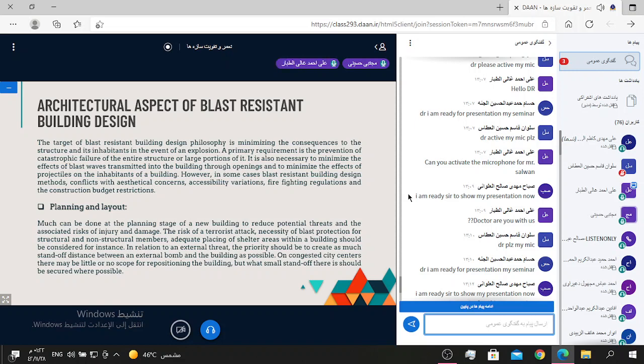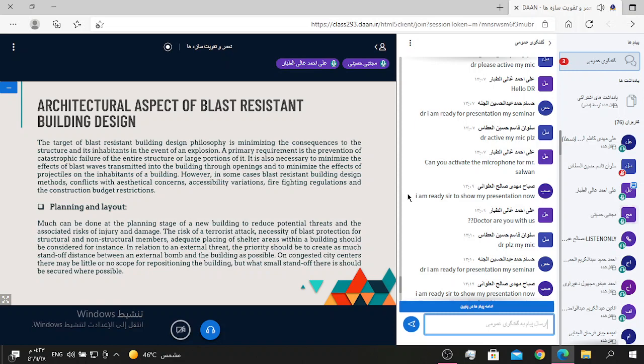Planning and layouts. Much can be done at the planning stage of a new building to reduce potential threats and the associated risks of injury and damage. The risk of a terrorist attack, the necessity of blast protection for structural and non-structural members, and adequate placing of shelter areas within a building should be considered, for instance, in relation to an external threat.